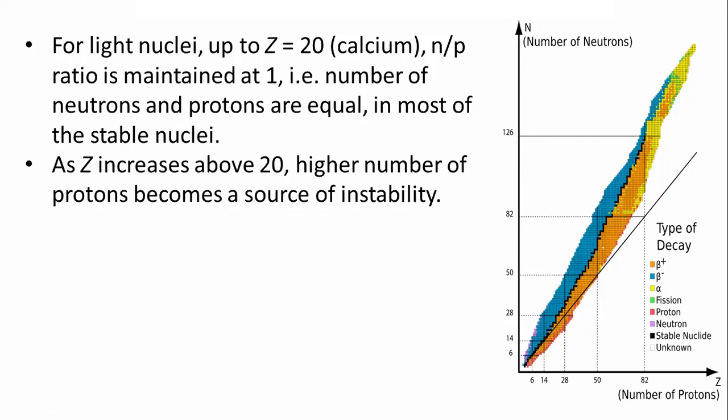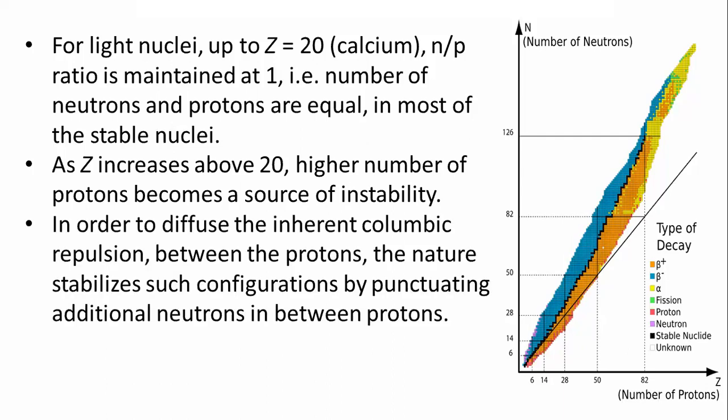But there are many nuclides with an atomic number more than 20 that are stable. Why are these stable? This is a natural phenomenon.